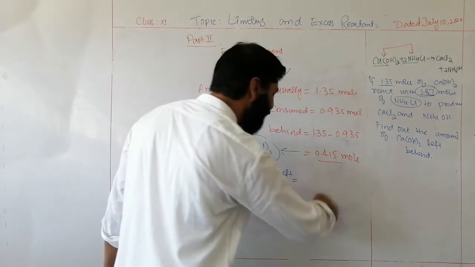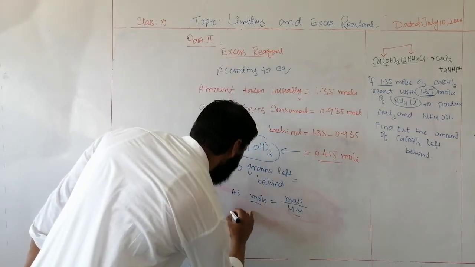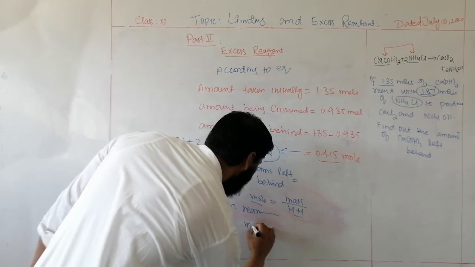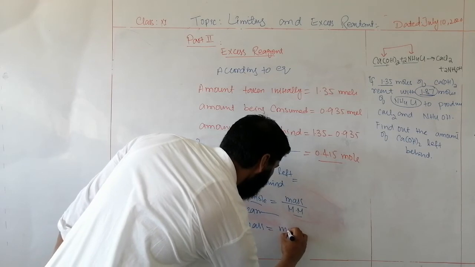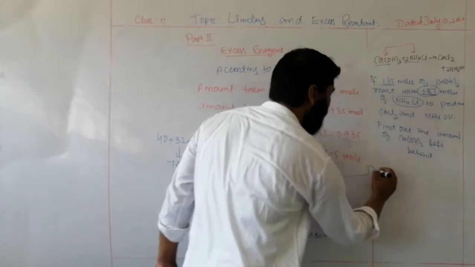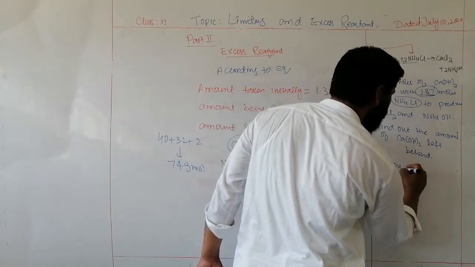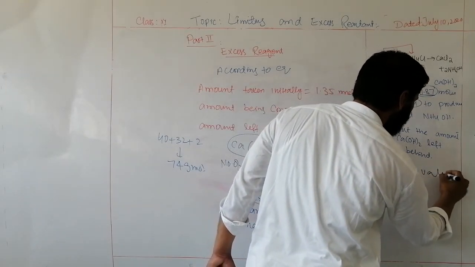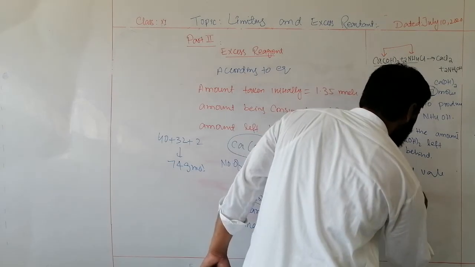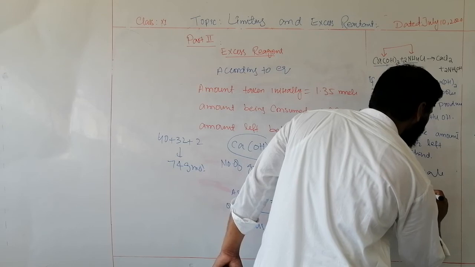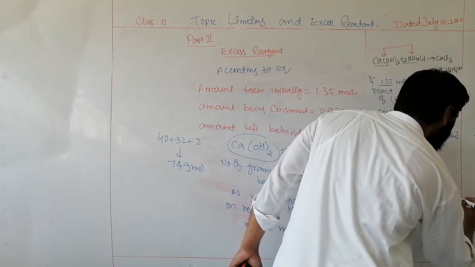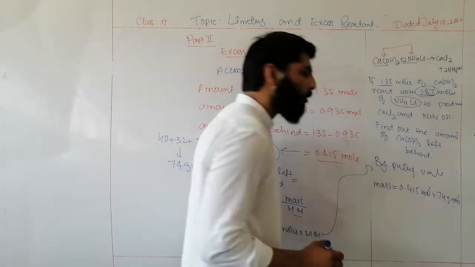Now rearrange the equation. On rearranging, we will get mass is equal to moles multiplied by molar mass. Now by putting values, mass will be equal to 0.415 moles multiplied by 74 grams per mole. Moles are cancelled out.